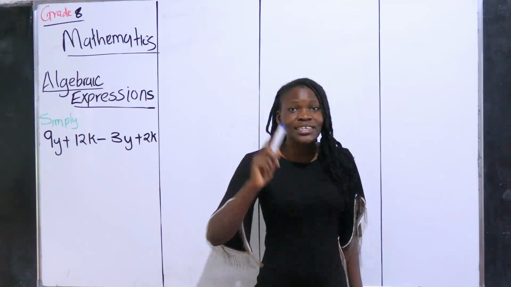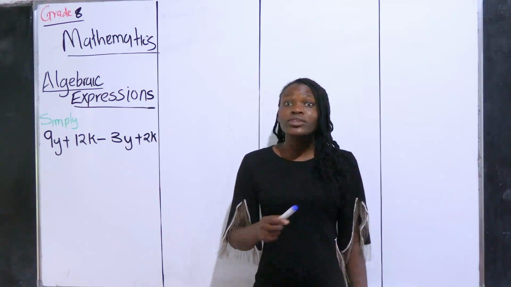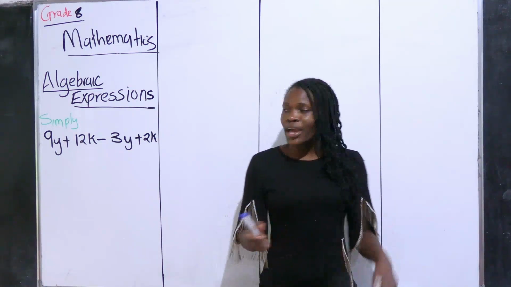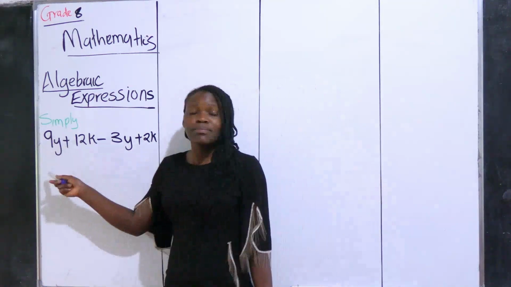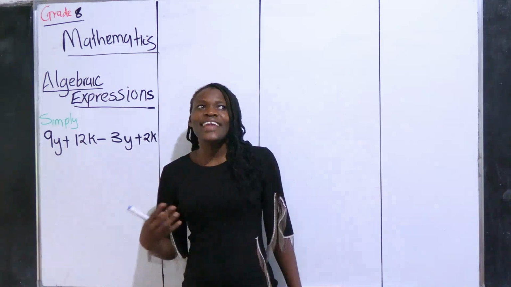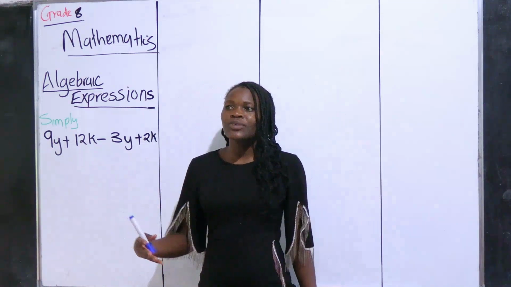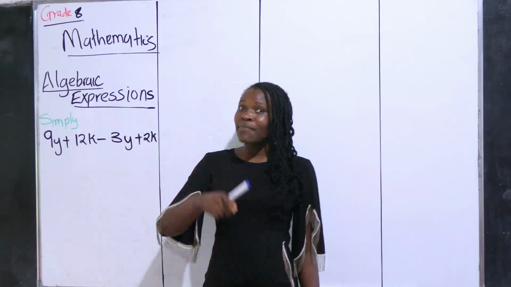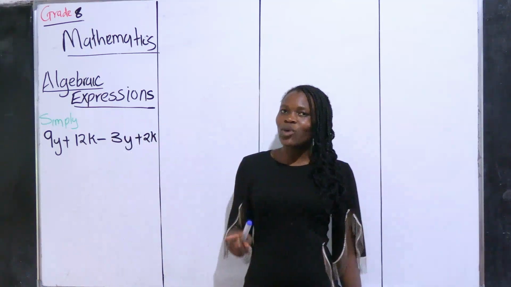Let's assume that number is y. So 9y is 9 multiplied by a number we don't know.